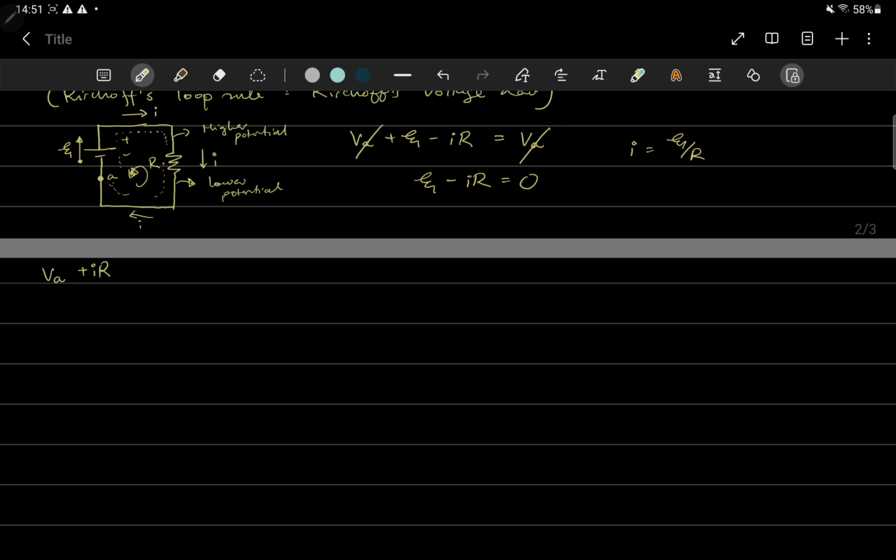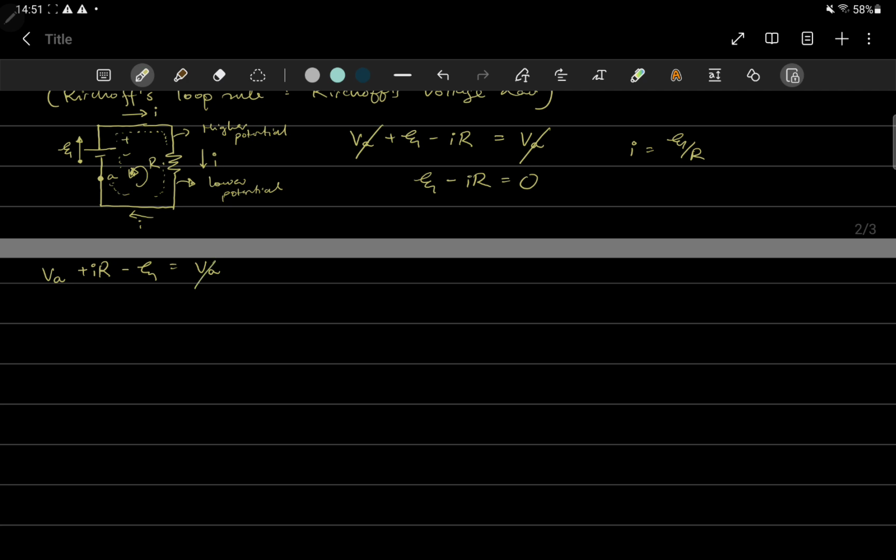So যেটা minus IR ছিল সেটা এখন plus IR হয়ে যাচ্ছে. And then I move through and come to the battery over here, and battery direction যেটা opposite to my loop direction. In that case যেটা আমি আগে plus zeta পেতাম সেটা এখন আমি minus zeta পাবো, and this will be equal to VA, which is the point that I started with.